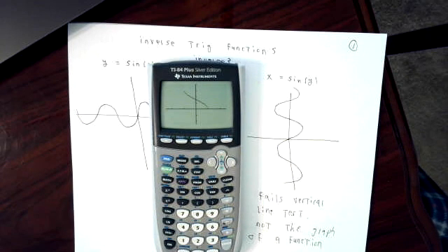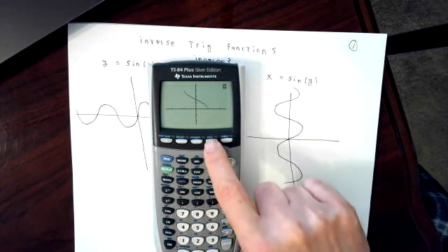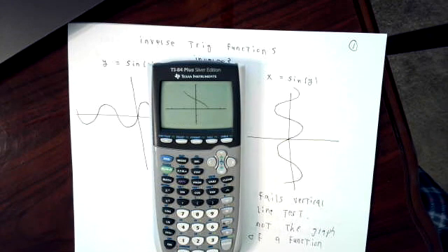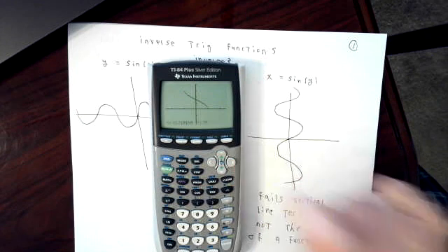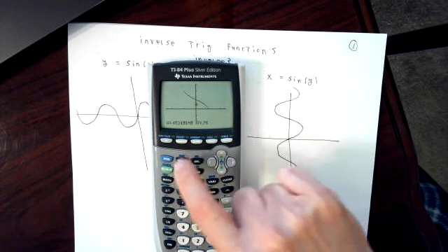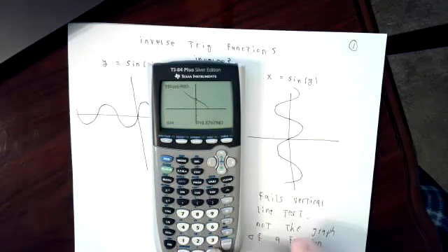I want to do the trace thing, second trace, and I want to put in -1 for the x. It had problems with it. Well, trace -1 for the x.